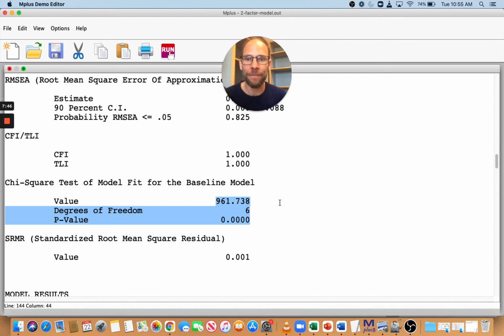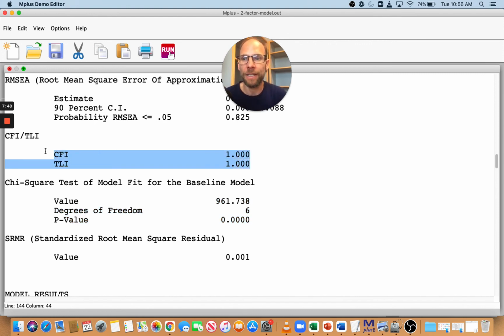And then the other reason is that we have certain fit indices that are based on the comparison of the target model chi-square that we looked at initially and this independence model chi-square. And those are the so-called comparative fit indices, the CFI and the TLI. Those are also called incremental fit indices because they look at how much better your target model fits than the very basic independence model.